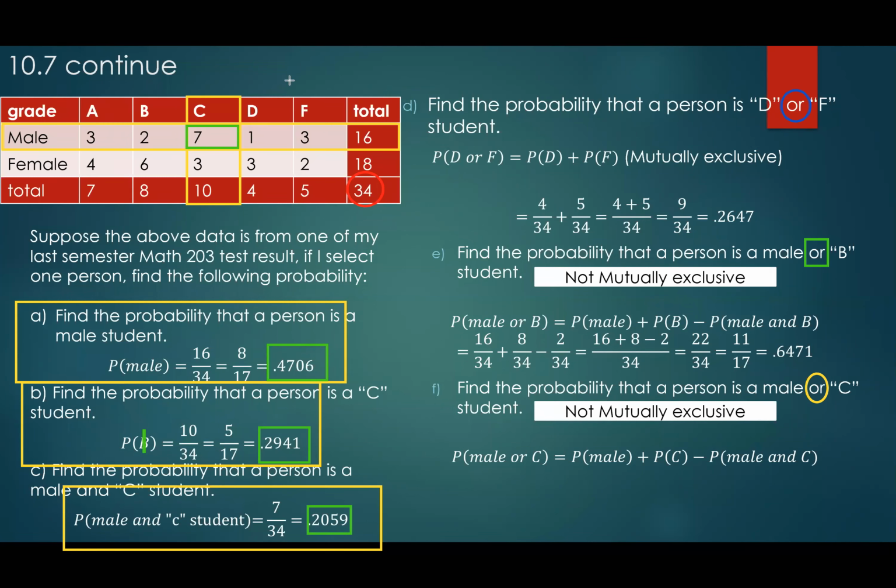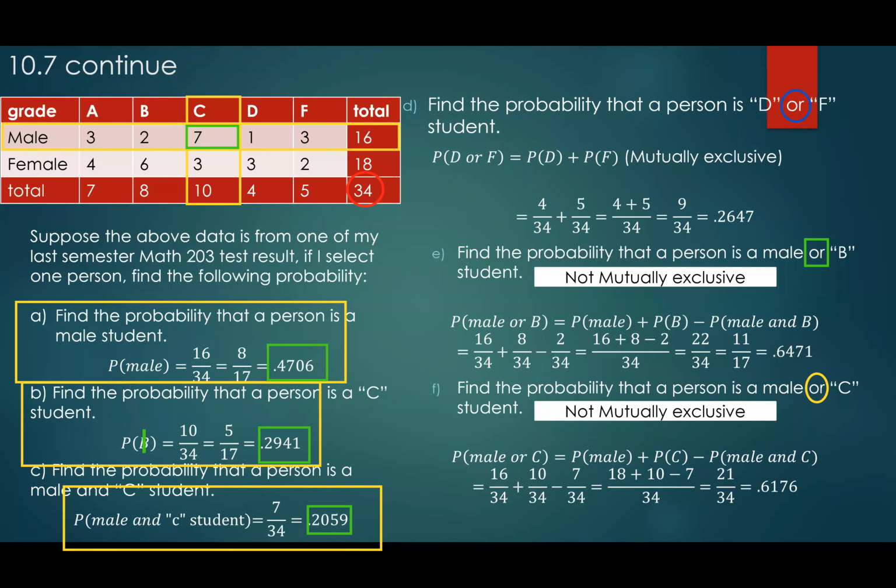So if you look at this, we take the 3 parts that we did, A, B, and C, and put them together: 16 out of 34 plus 10 out of 34 minus 7 out of 34. You add them up and subtract.